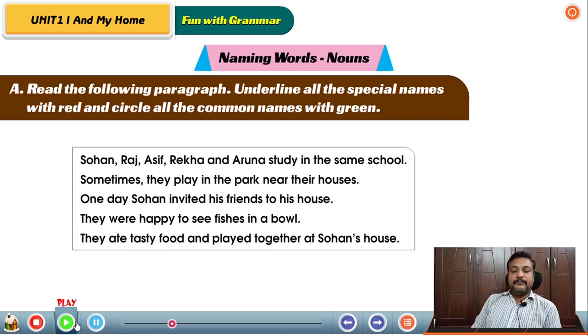Read the following paragraph, underline all the special names with red and circle all the common names with green.